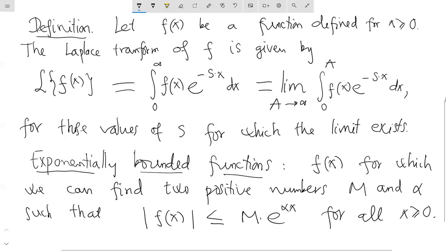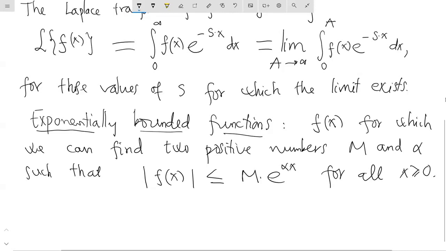This is just a technical condition, kind of like a theoretical condition. For us in practice, most or actually all of our functions would be exponentially bounded, so we wouldn't care much to check that the function satisfies this condition.